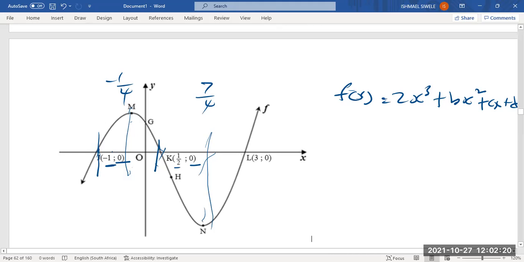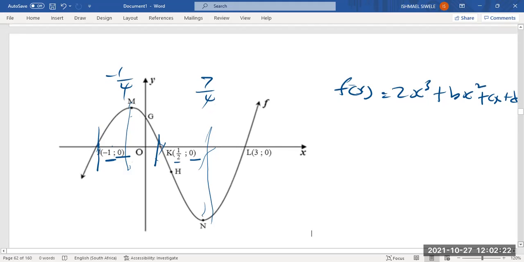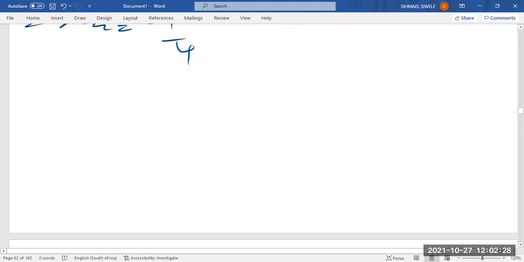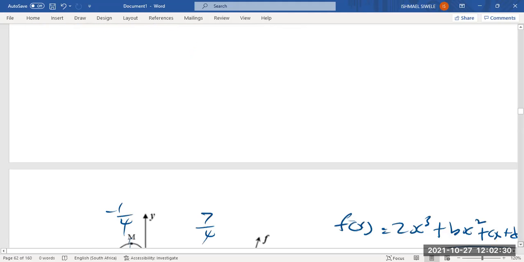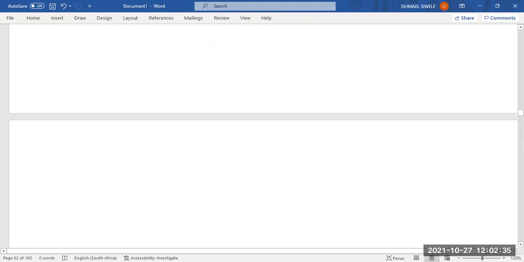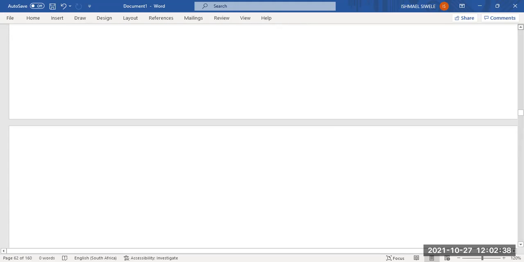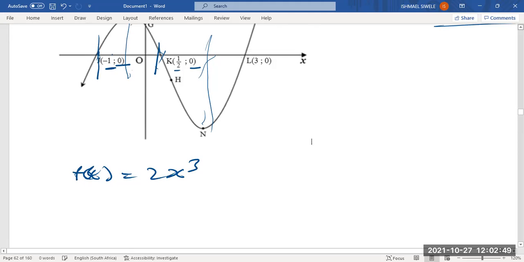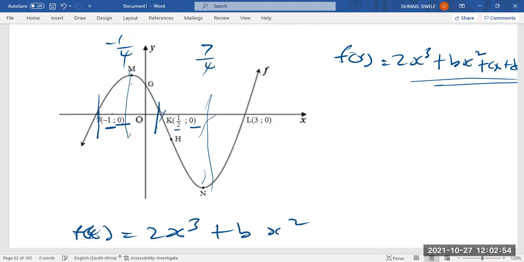Now, how would we have solved for them if we were using the graph itself? If we're using the graph itself, we know that to find the turning point, we must differentiate. So f of x is equal to 2x cubed plus bx squared plus cx plus d.